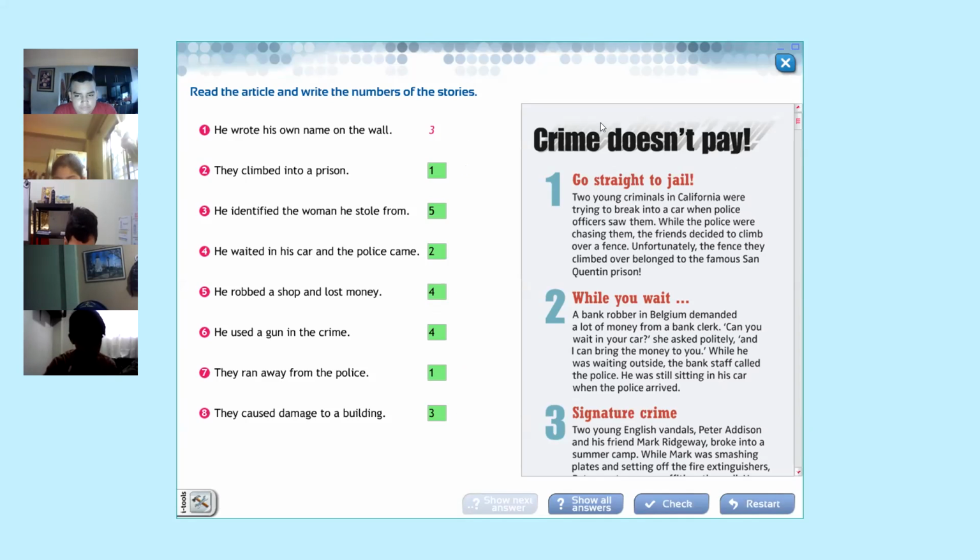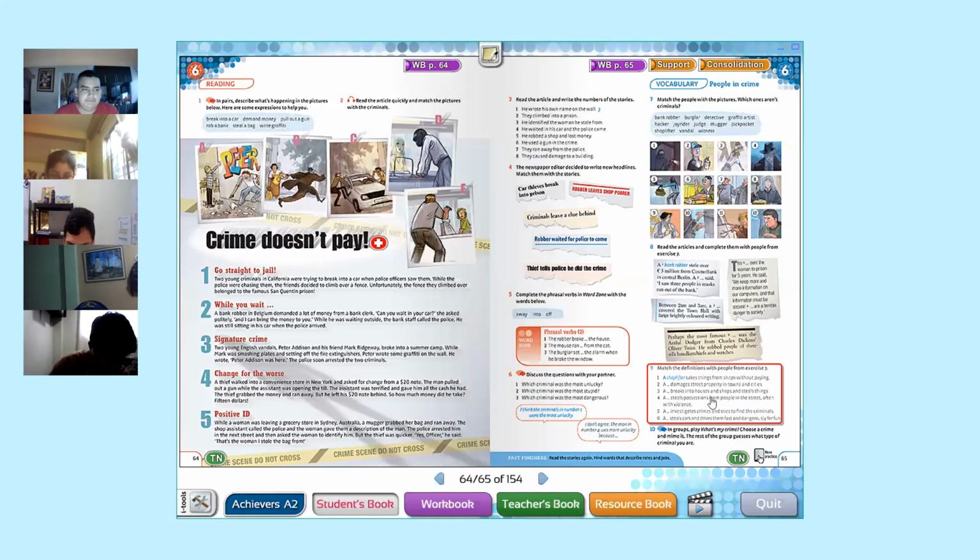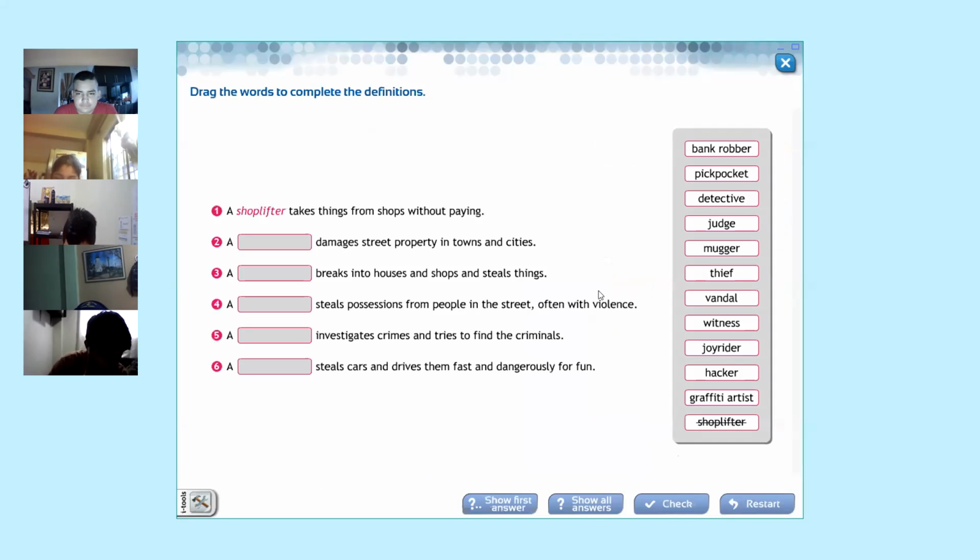In this case, we are going to have a little practice with the vocabulary that we have on this. We have here the sentences. We are going to drag the words about this. Romina Santos, start reading. Drag the words to complete the definitions. Okay. Number one. A shopkeeper takes things from a shop without paying.